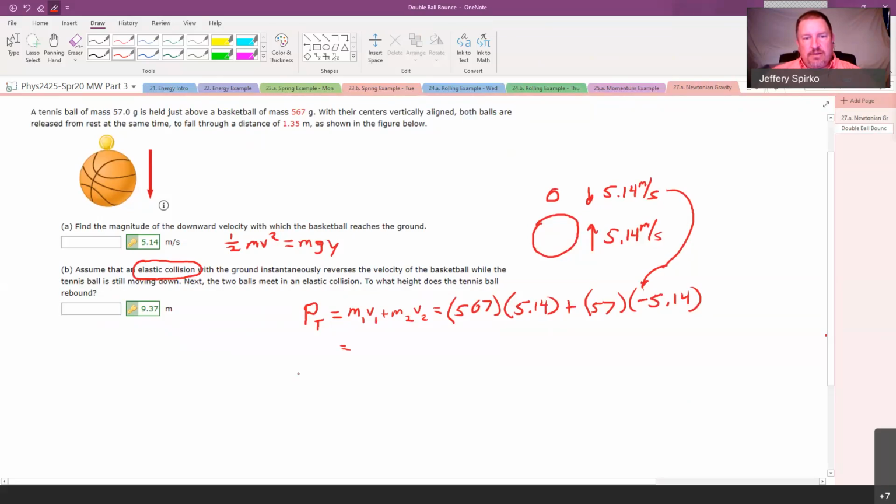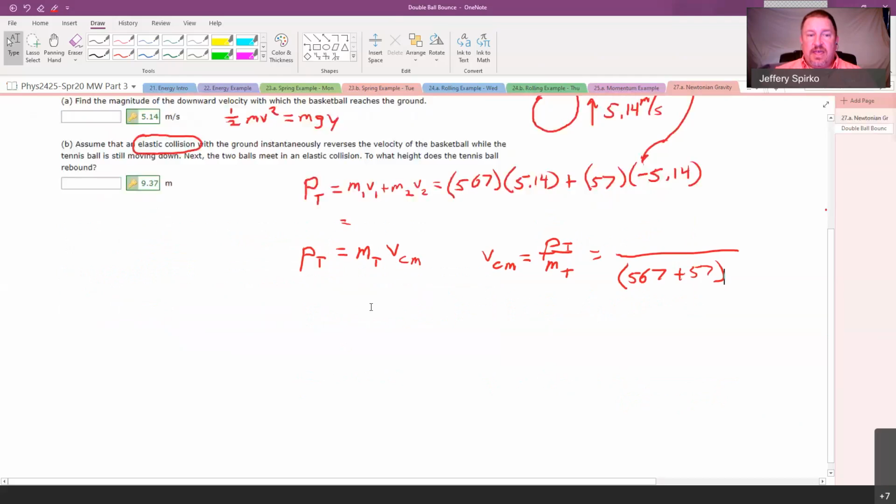Then I want to use the idea that total momentum is equal to the total mass times V center of mass. In other words, V center of mass is equal to total momentum over total mass. So it's going to be the previous answer divided by 567 plus 57. And that's going to be a number, and it's going to be upward in this case because the basketball is heavier.